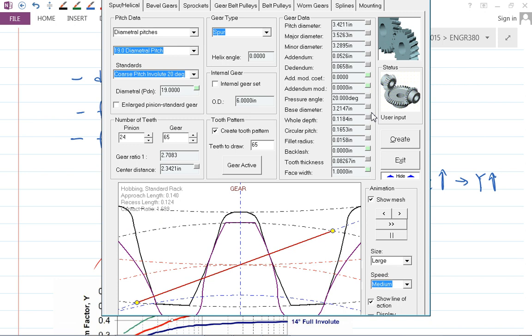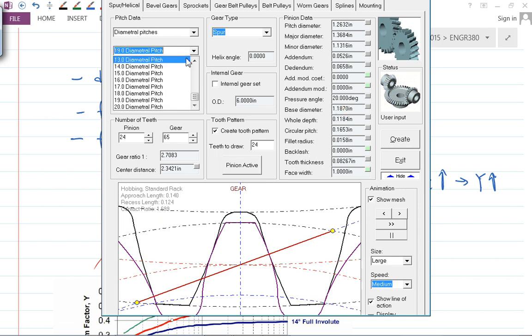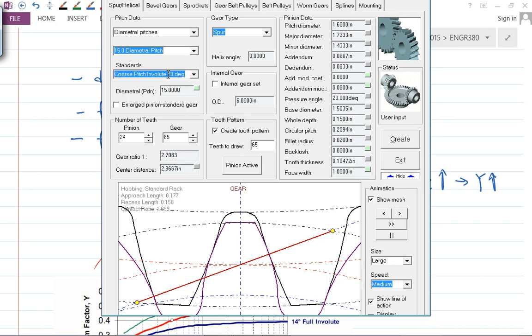But let's observe this guy here. Let's use a pinion active here. Observe the base diameter. If I change the diametral pitch, those gear parameters change, right? So it basically means, when you change the diametral pitch and keep the number of teeth, the size of the gear will change. But what does not change? The form, right?